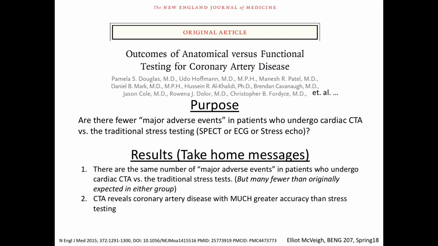Anatomical testing is if you look at the vessel with a really nice high-resolution picture and you characterize the lesions in that vessel, and you decide, okay, this vessel's really sick. It's got these narrowings, and I'm going to characterize it as severe or mild or whatever. Versus taking the person to a nuclear medicine scanner and doing a perfusion scan, a stress test. That is called functional testing. That's the name that evolved over the years.